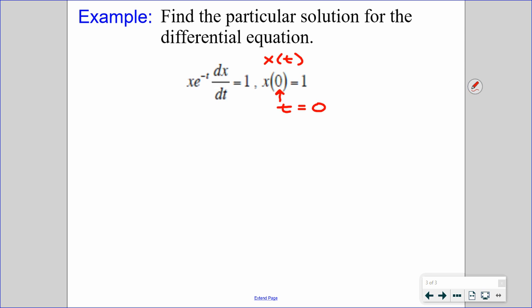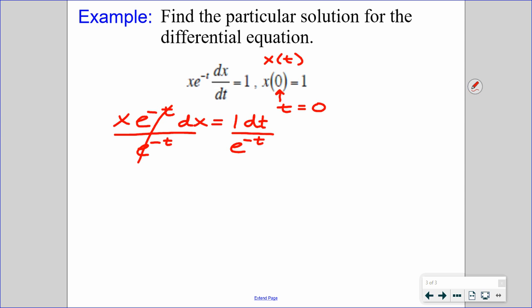Let's start by separating our variables. I would first multiply by dt on both sides. Then I'm noticing we're almost there, but we want this e to the negative t to be on the right side with the dt, so we can divide by it. We'll have x times dx equals, initially you can think of it as 1 over e to the negative t times dt.